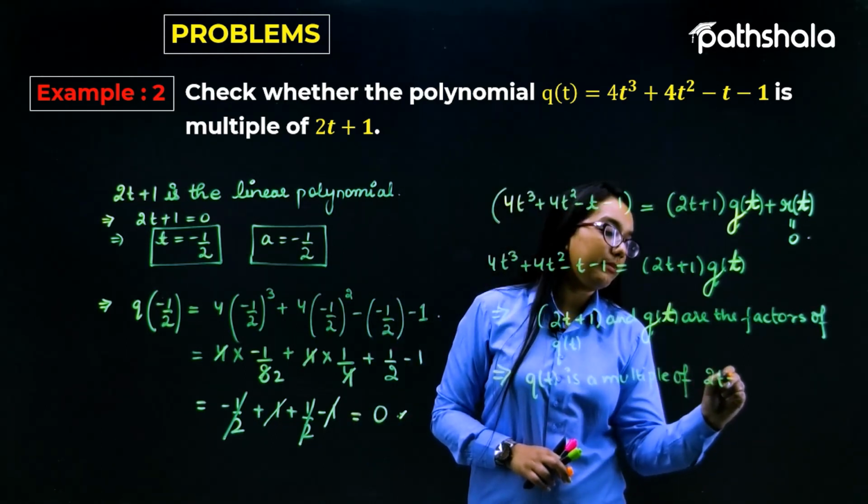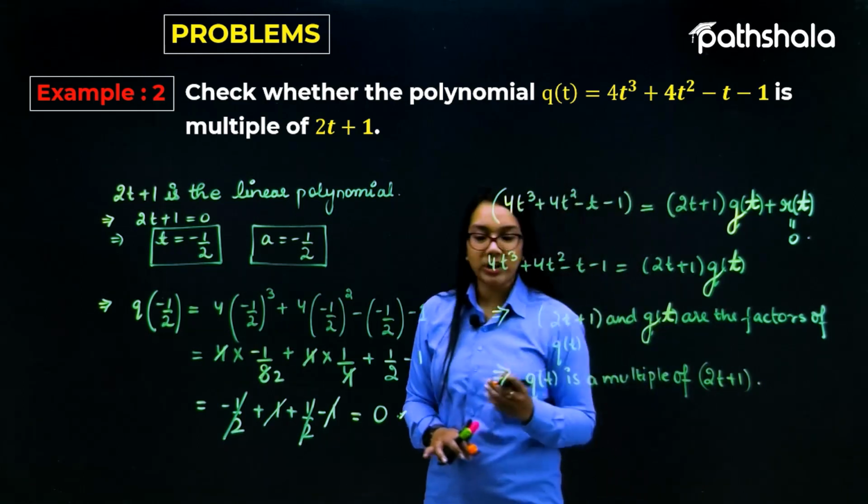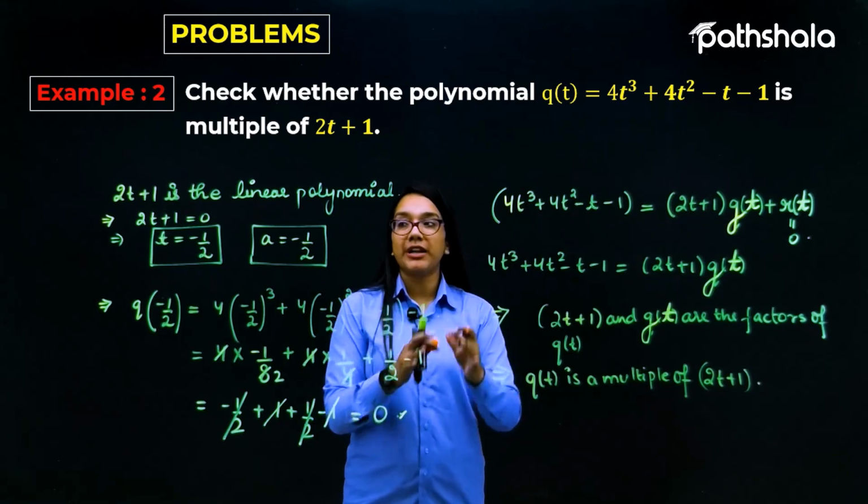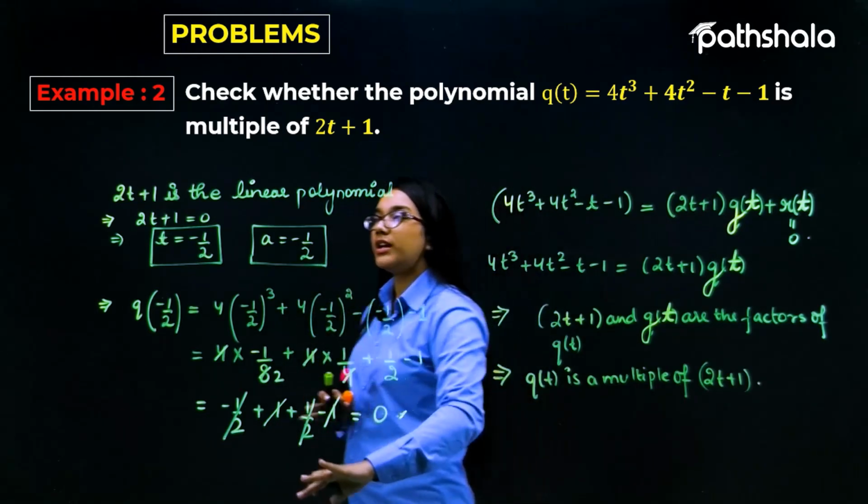Or we can say that q(t) is a multiple of 2t plus 1. So we have proven this fact, that yes, q(t) is a multiple of 2t plus 1, using the remainder theorem. This is all about the remainder theorem.